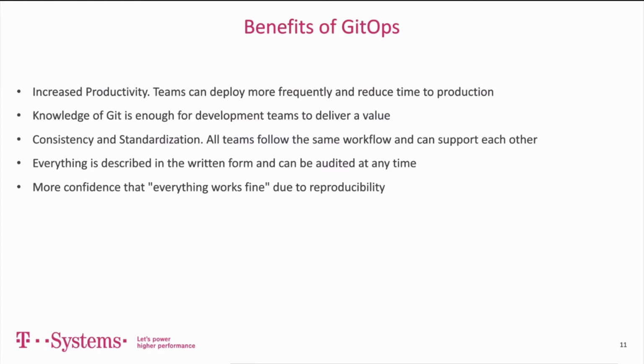Instead, everything that ever happened with the cluster has its record in the Git repo. And as we said before, everybody can work with Git, so everybody can see who exactly did it, why, and for what reason. And last but not least, you can be more confident that everything works fine due to reproducibility, since again, it's Git and everything is scripted.